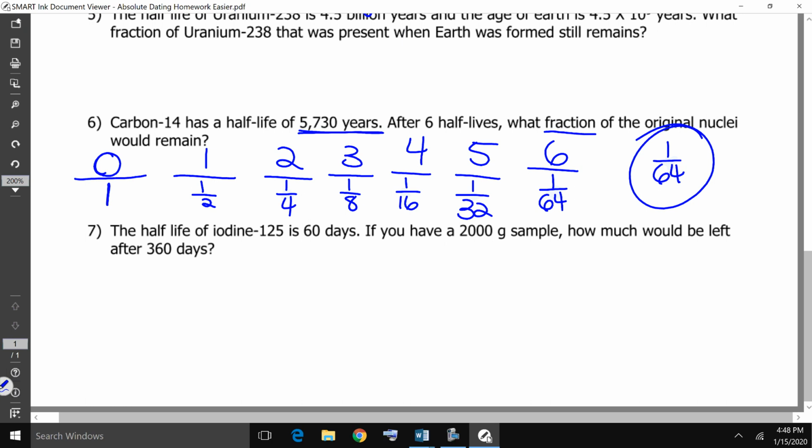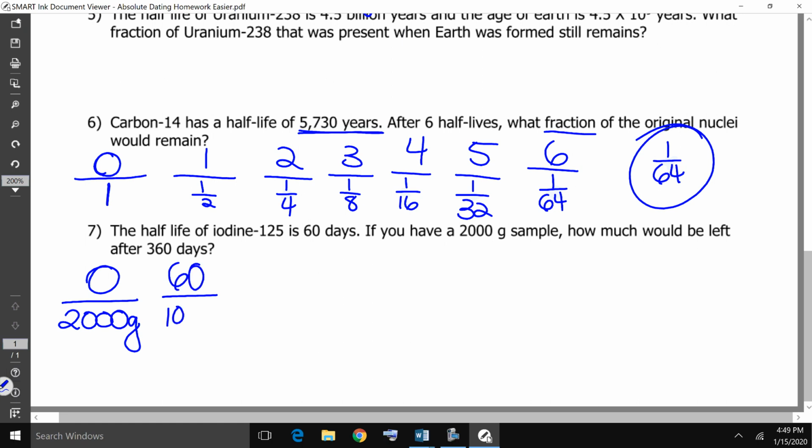So let's try this. Okay, I'm going to set it up. At time 0, I have 2,000 grams. Okay, so 1 half-life is 60 days.